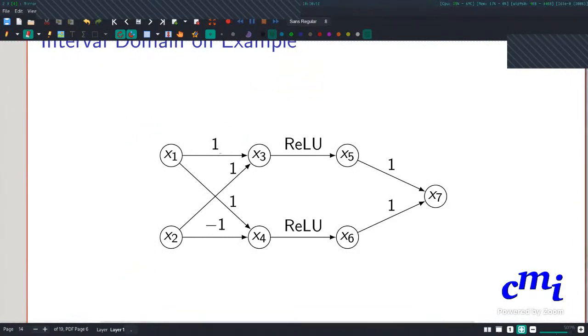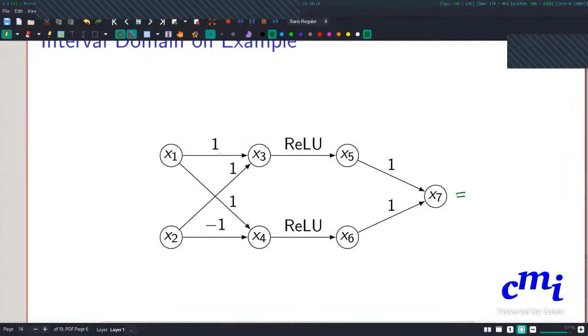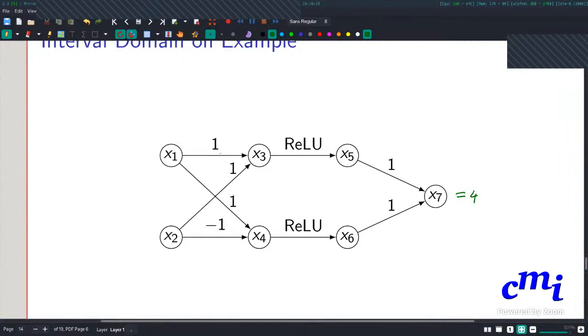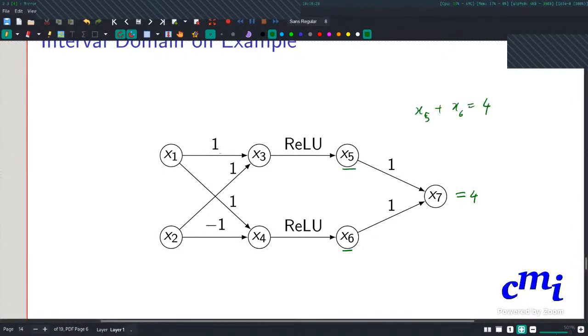Let's say x7 is equal to 4. The only way that can happen is if this plus this is equal to 4.